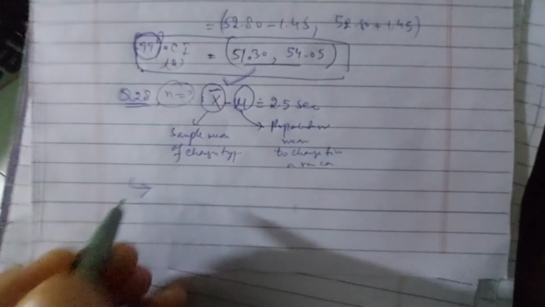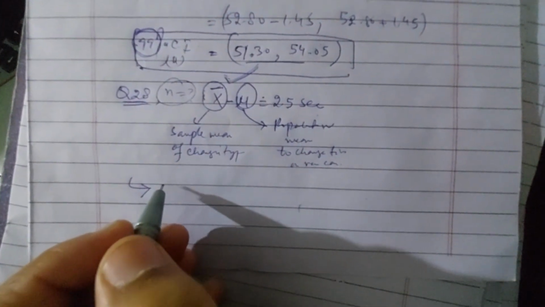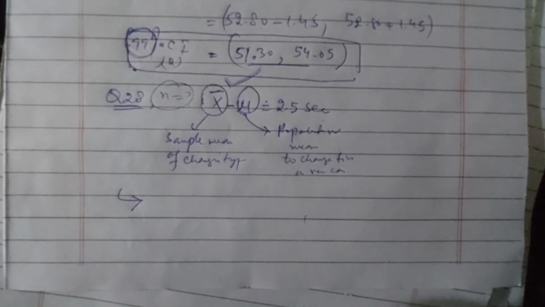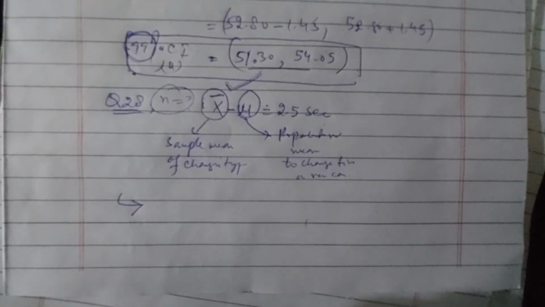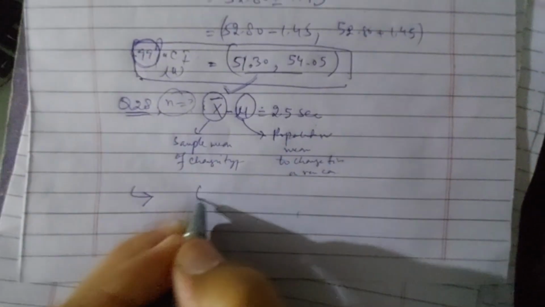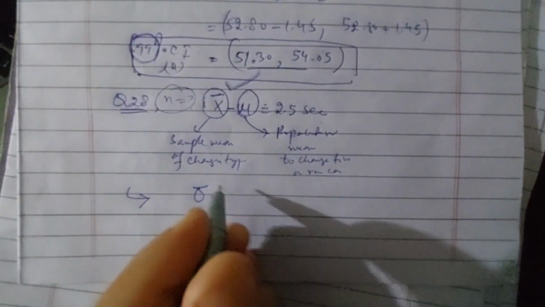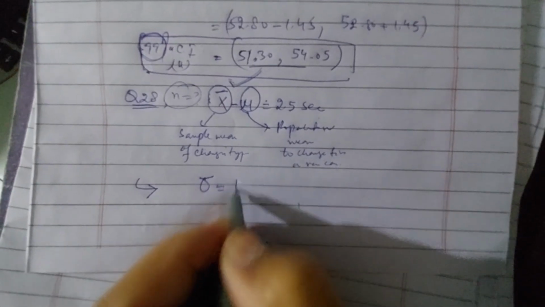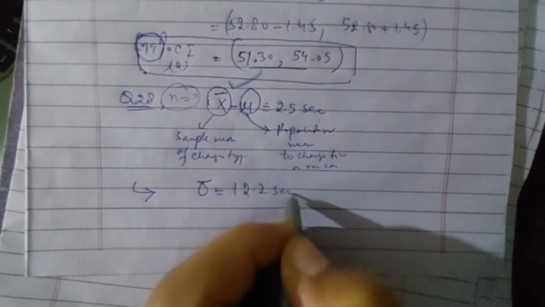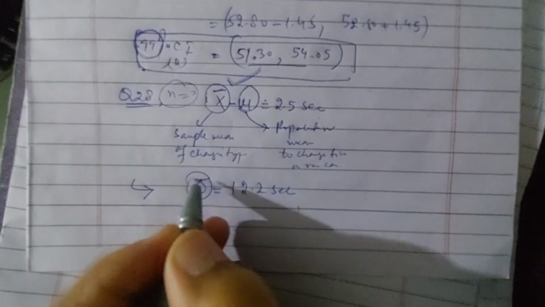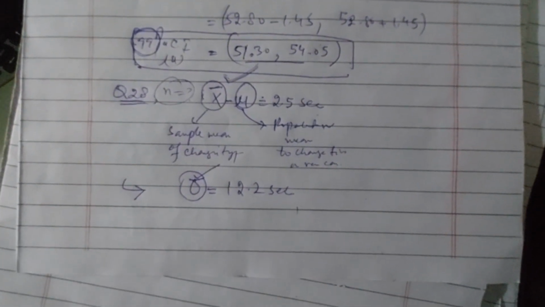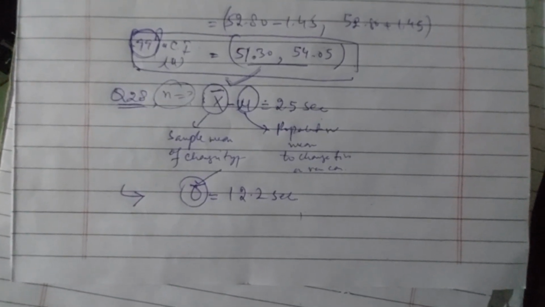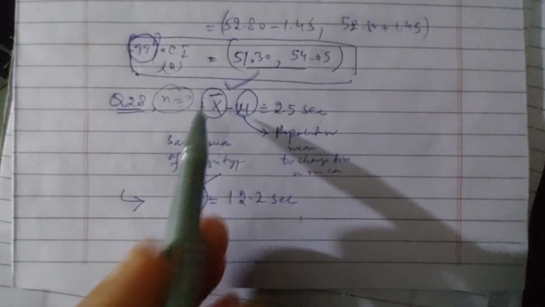So we can use two formulas here, and it is known from previous studies that sigma, the standard deviation of the population, is equal to 12.2 seconds. So sigma is known, which means that we have to use the z statistic.